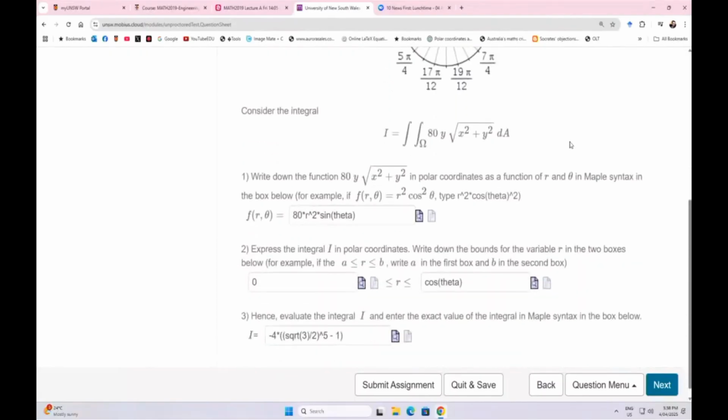All right, so let's have a look at the questions. Write down the function in polar coordinates. So we use x equals r cos theta, y equals r sine theta, and you plug it in, and you can use sine squared plus cos squared equals 1.